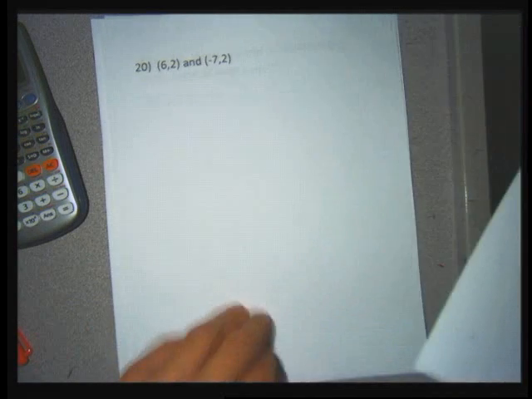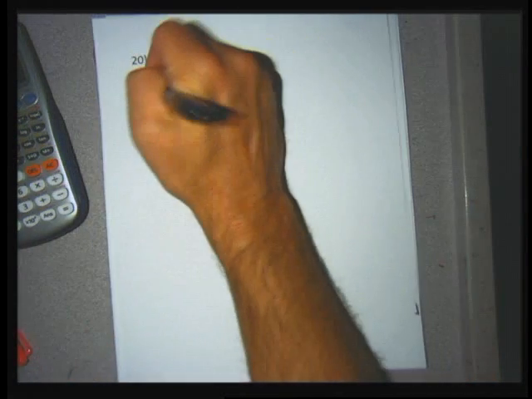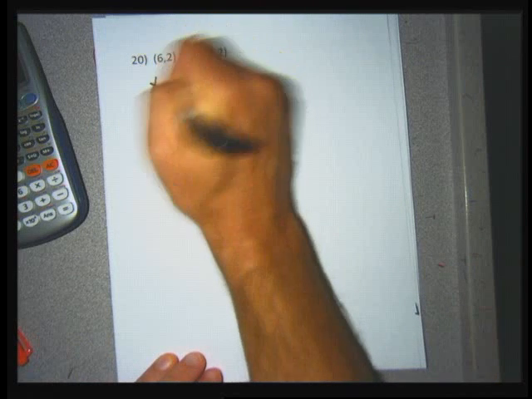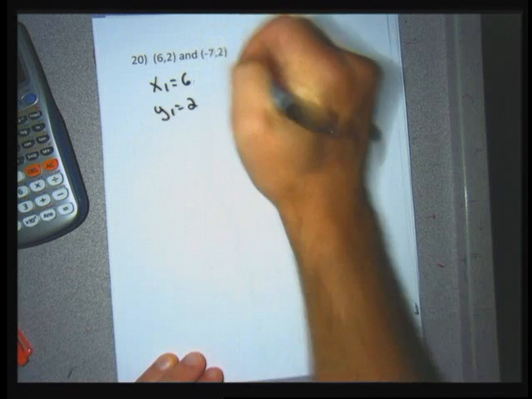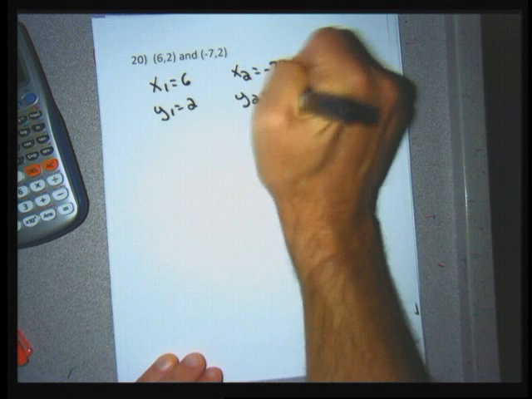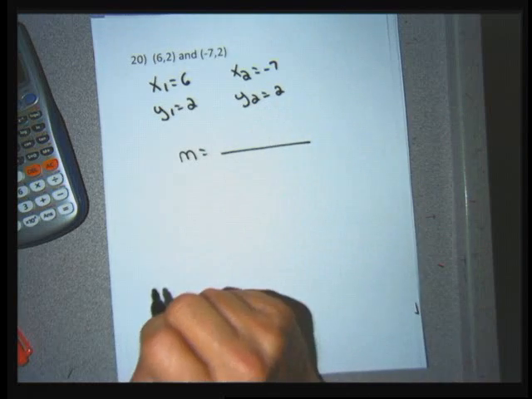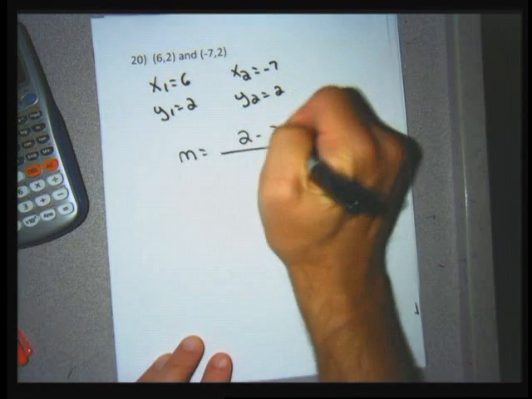20 is going to be similar. Same deal. I'm going to pick a value for x1, y1, x2, and y2. Plug the numbers into the formula. In the numerator, y2 minus y1, which is going to be 2 minus 2.